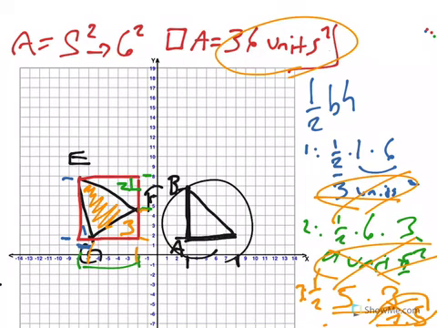There's a lot to it, but it's just a matter of whatever shape you have, you can break it down into smaller shapes that you know how to already find the area of, and then subtract, right? Or in some cases, you may have to add the pieces together.